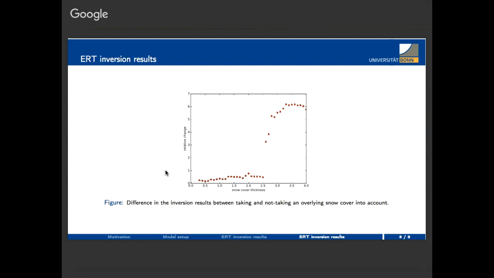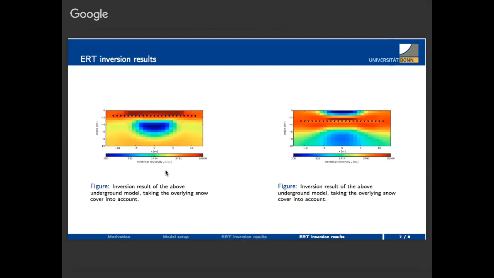And what we are going to do is we want to help the inversion by saying that up there is a snow cover, and please don't mirror this image. So we want to tell the inversion where is up and where is down, actually. But this is not done yet, but this is what I'm aiming for in the future.